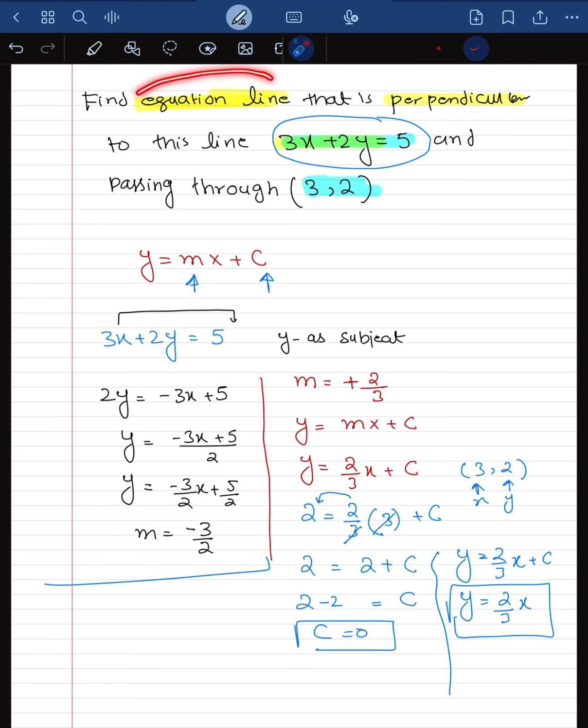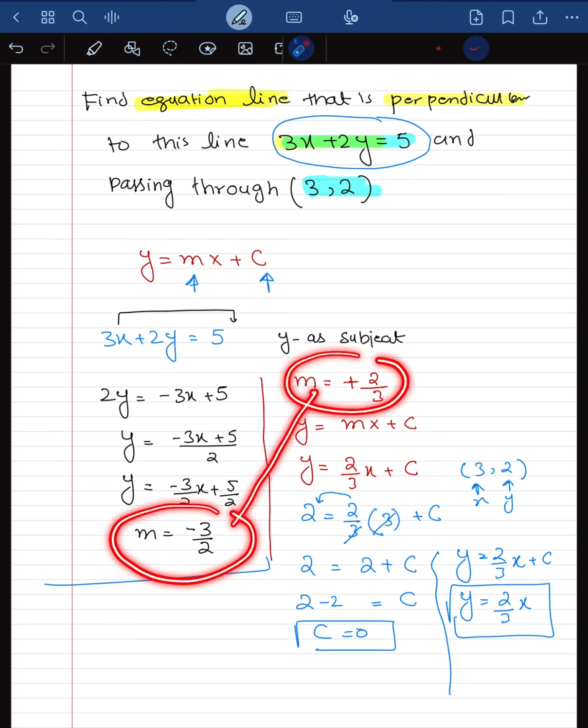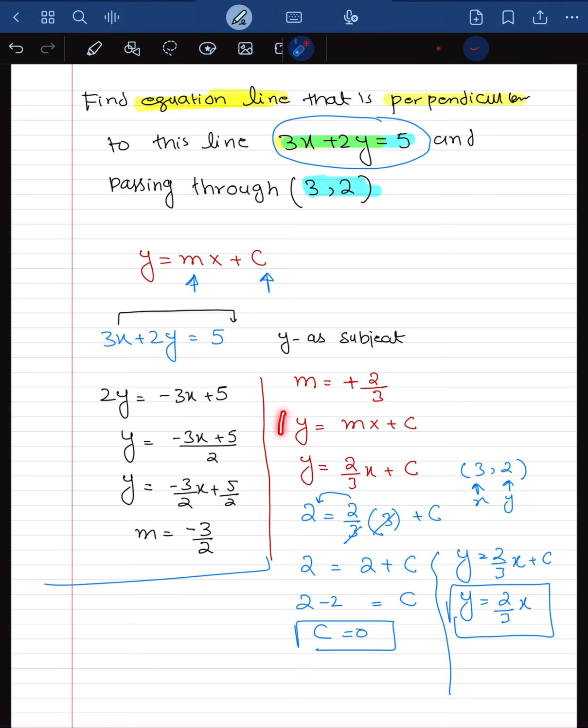As our new equation is perpendicular to this line, we take the negative reciprocal of this slope. So first we change the sign, that's why it will become positive. It was 3 by 2, now it becomes 2 by 3. Now we use the same step as we learned before, y is equal to mx plus c, to find the new equation. We have the value of the slope, we just place the value 2 by 3 in this formula, and then plus c.